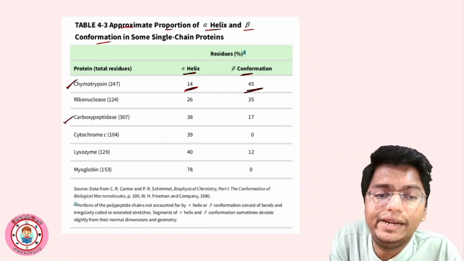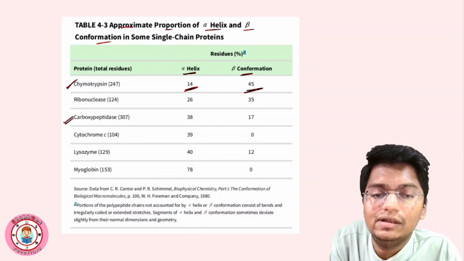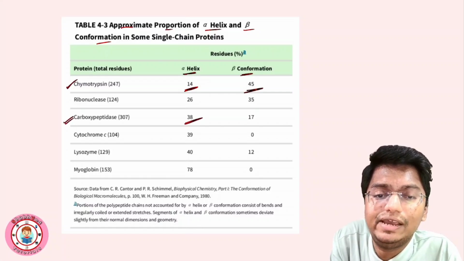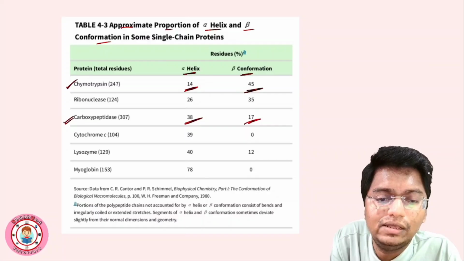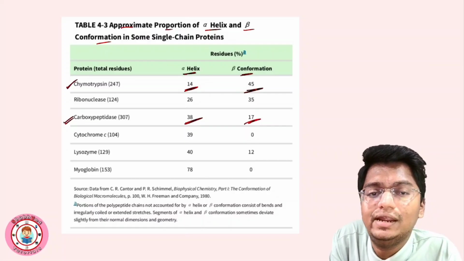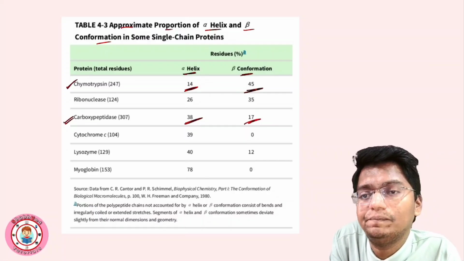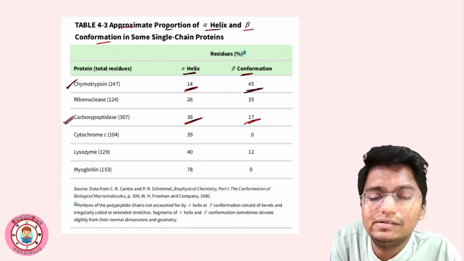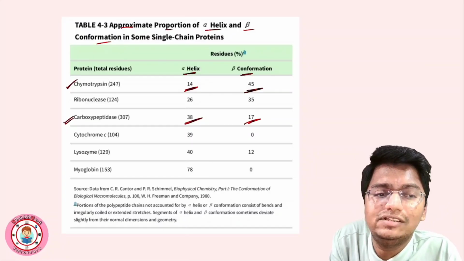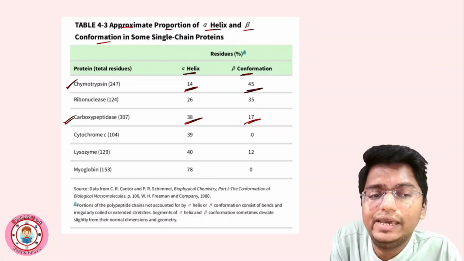Premier carboxypeptidase is an enzyme, 38% alpha helix, beta conformation 17%. Just to give an idea, this is not that important, just to show you. Okay, in a protein we find different secondary structures. The ratio is not equal, proportions matter. Okay, it is different and that has functional significance too.